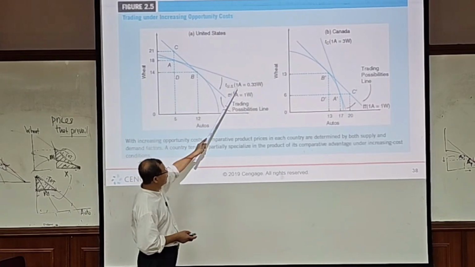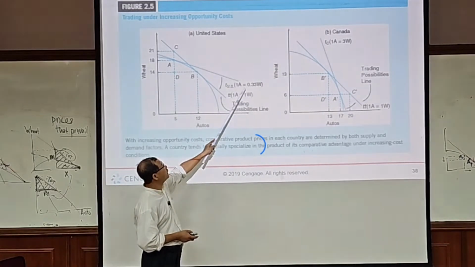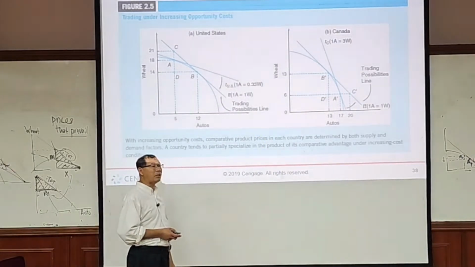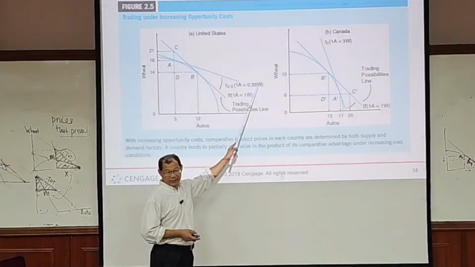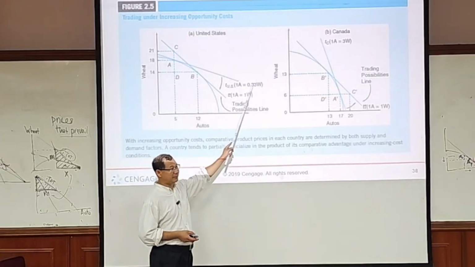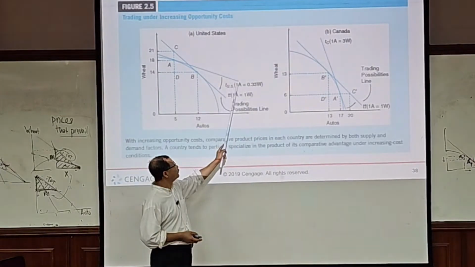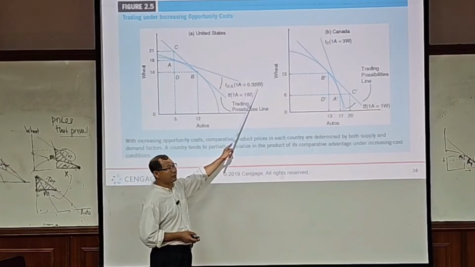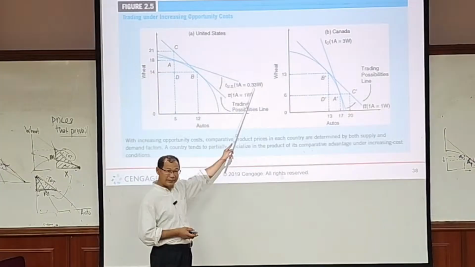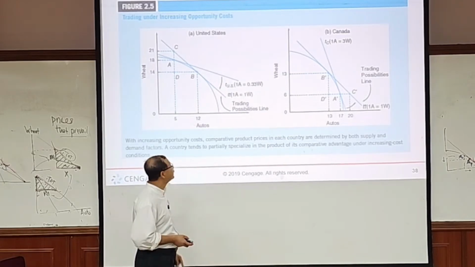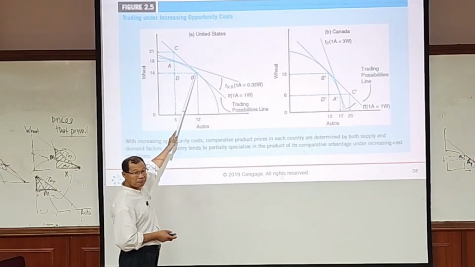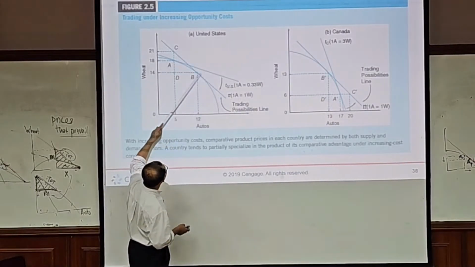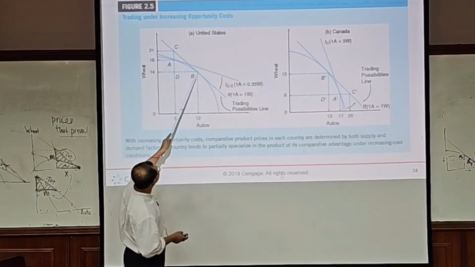In A, 1 auto equals only 0.33 wheat. Wheat is expensive before trading. For 1 auto, you get not even 1 wheat. You understand? Wheat is expensive before trading. The trading point, or production point with trading, you can build that one.